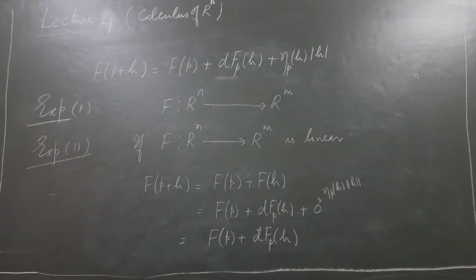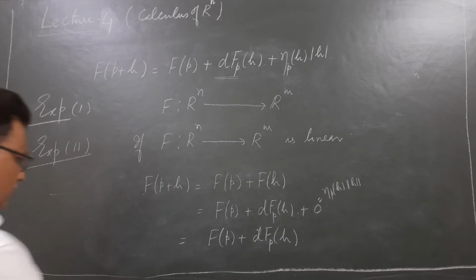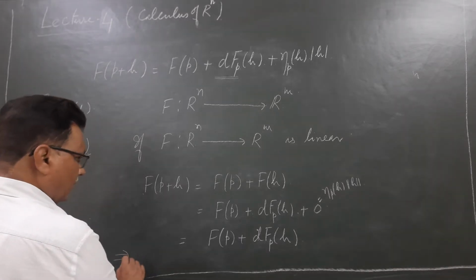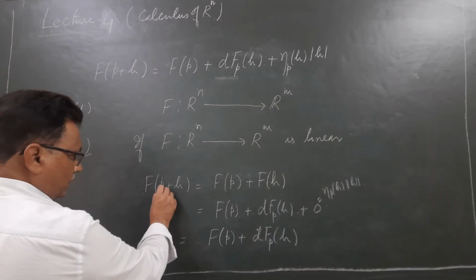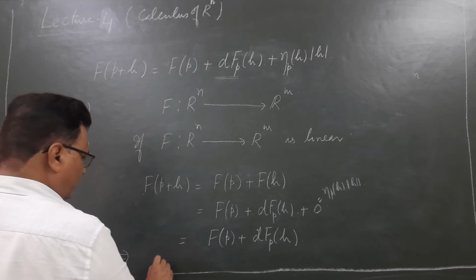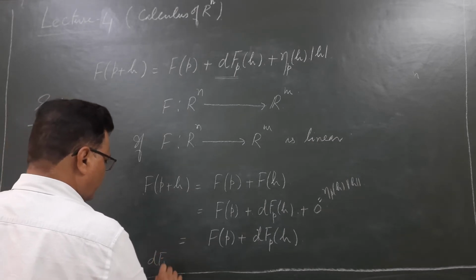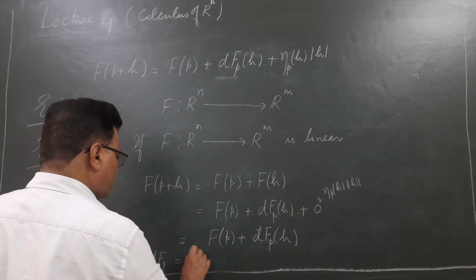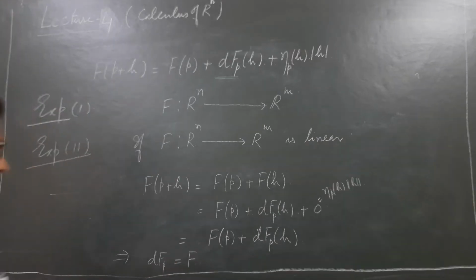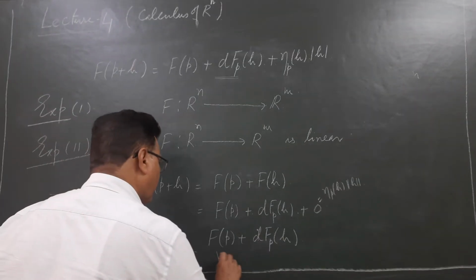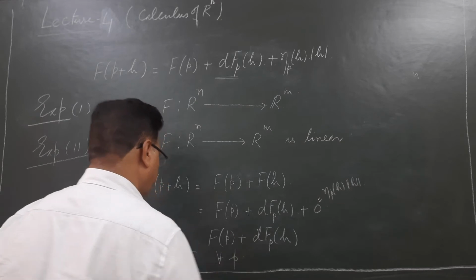Is it right? So what does it show? The derivative df p is the same as f for every point, for all p.